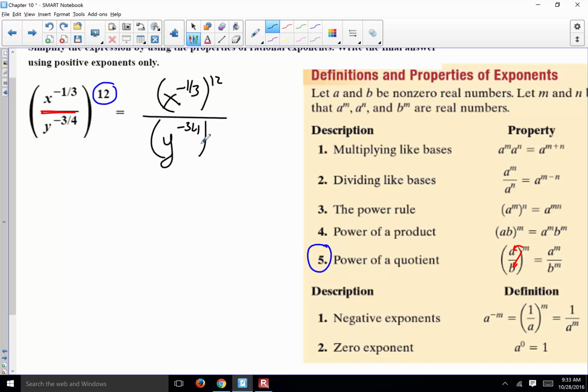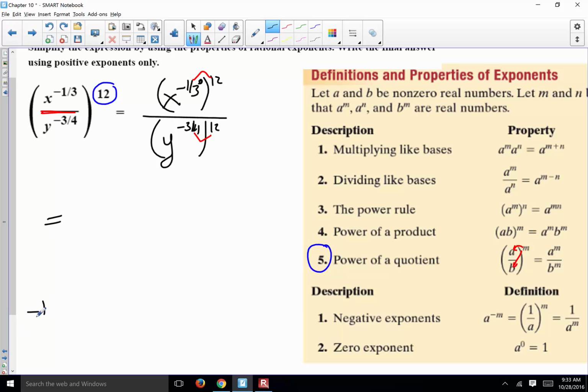But I have now a double power situation. Power, power, power, power. And how do I combine double powers? How do I combine them? -1/3 and 12. Do we add them? We already distribute. I mean, what do you mean by distribute? Multiply, right? We multiply -1/3 and 12.